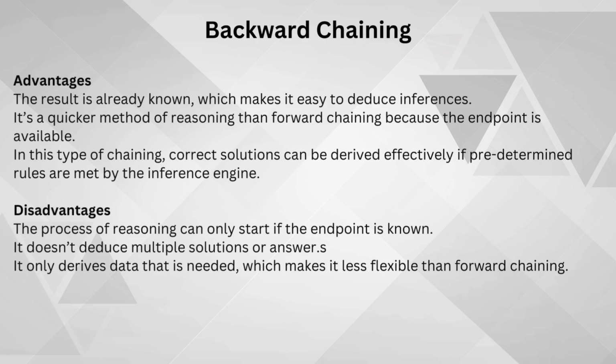In a nutshell, backward chaining knows the solution and works backward to find the clues. It is quick, efficient and follows a set of rules, but it is not great at exploring different options or figuring out if you do not know the answer in the beginning.